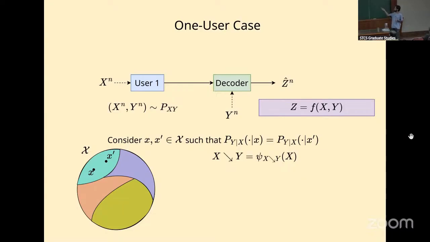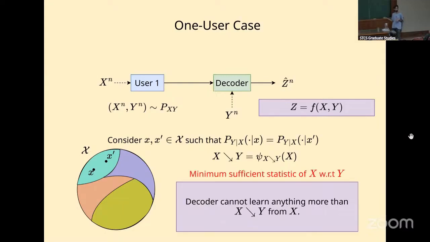I'm going to denote this function by x down arrow y, because it's a function of x, but it's also dependent on the joint distribution of x and y. This is called the minimum sufficient statistic of x with respect to y. And it is pretty clear that the decoder cannot learn anything more than the minimum sufficient statistic, because you can just swap anything and the decoder won't be able to figure it out.